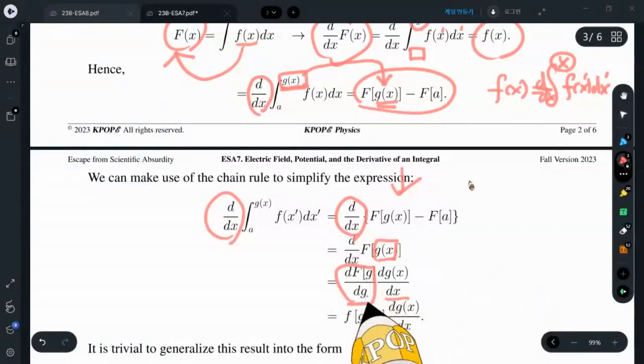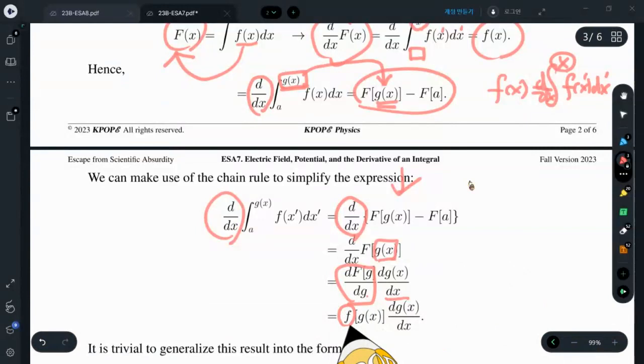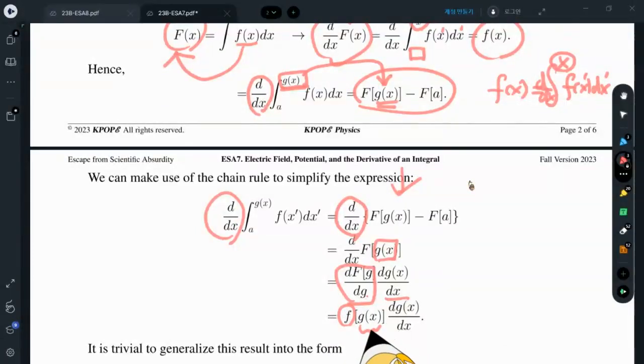As a result, this one is nothing but the original function f with g of x as an argument instead of x. And then we take the derivative of g with respect to x.